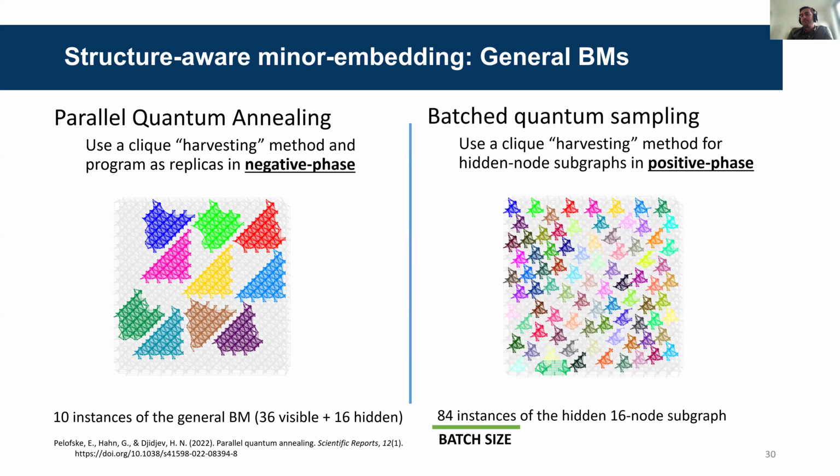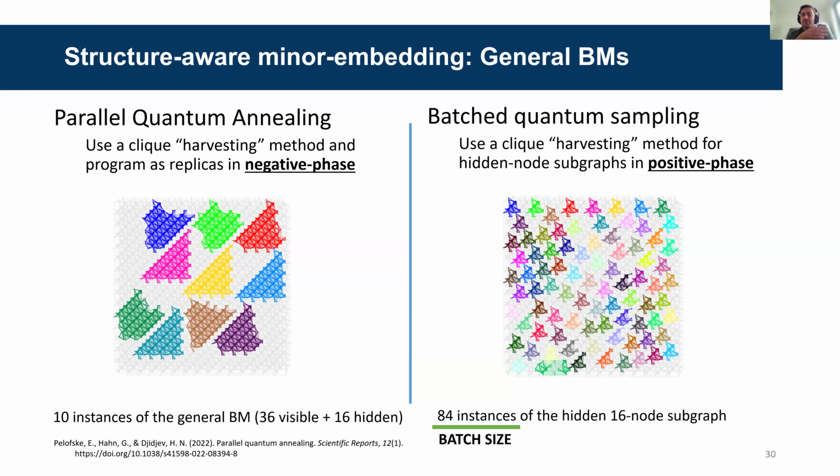And then second, we create what we call the batch quantum sampling. It is similar to the parallel quantum annealing, but every minor embedding has different parameters in this case. What that means is that we can have batch sizes with as many instances as we can find of the hidden nodes graph. So for example, here, if we find 84 instances, we're training with a batch size of 84.